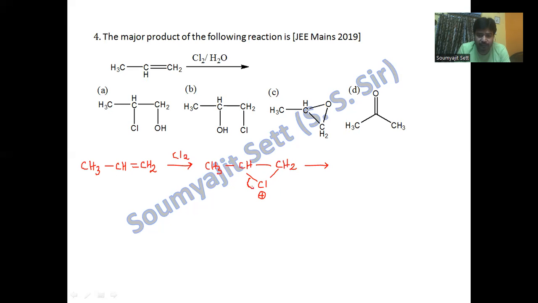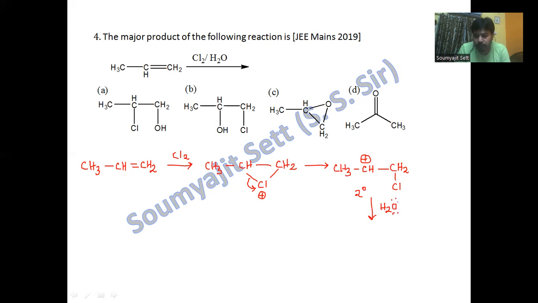See, if this bond has been broken, we will get CH3, CH plus, CH2, Cl. Now it is a 2-degree carbocation. Next, in the medium, water is present.